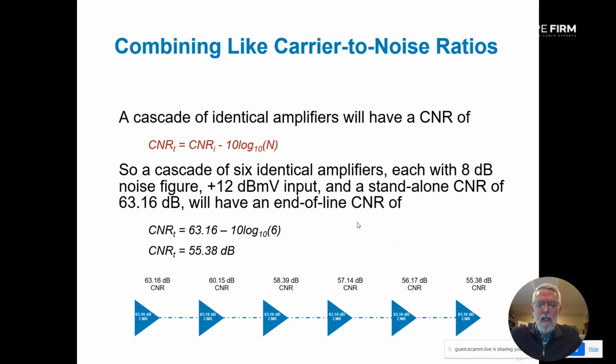So let's say we've got a cascade of 6 identical amplifiers, same operational parameters and everything on every one. So each one has 8 dB noise figure, 12 dBmV input, standalone CNR of 63 dB. And we're going to have an end-of-line CNR, going through the math, of 55.38 dB.